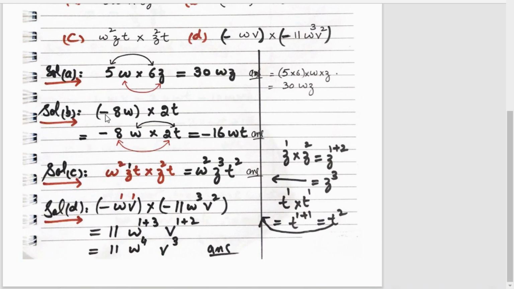So we will just bring it out. Minus 8W will be out of the bracket, multiplied by 2T. Now 2T has no sign, meaning it has a positive sign. When there is no sign with a term, it means it has a positive sign, but only at particular locations. All the time, don't think that all the terms are positive.